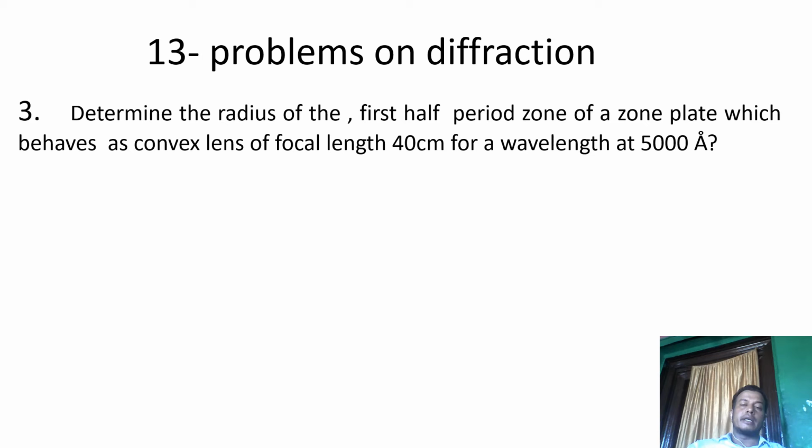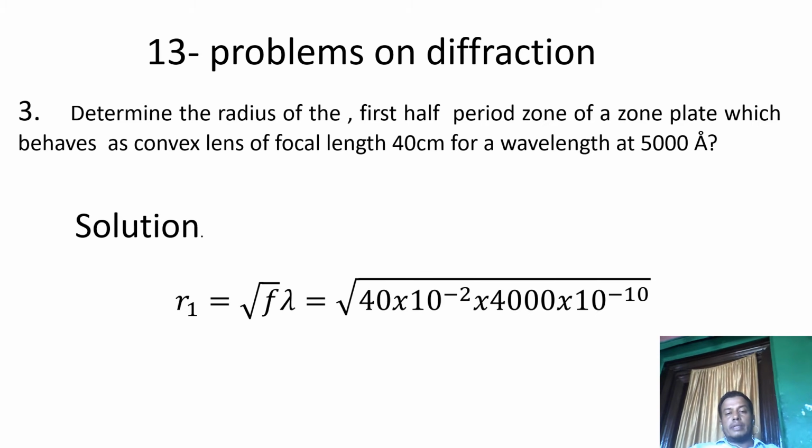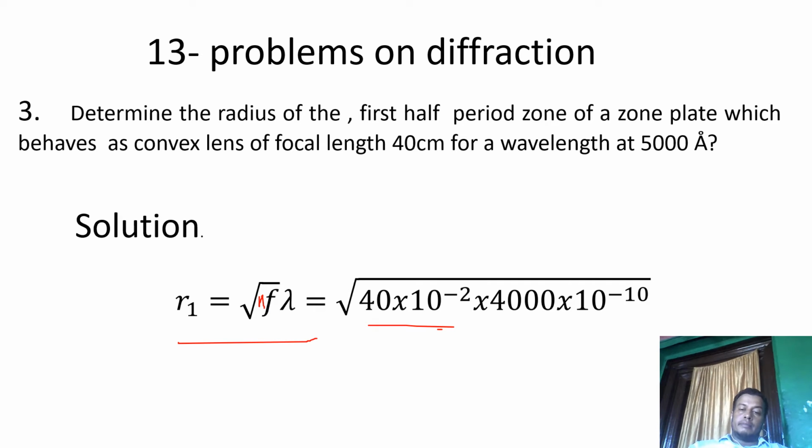The solution: R1 is equal to the square root of f lambda, where n is 1. f is 40 centimeter, converted into meter, 40 into 10 to the power of minus 2 meter.